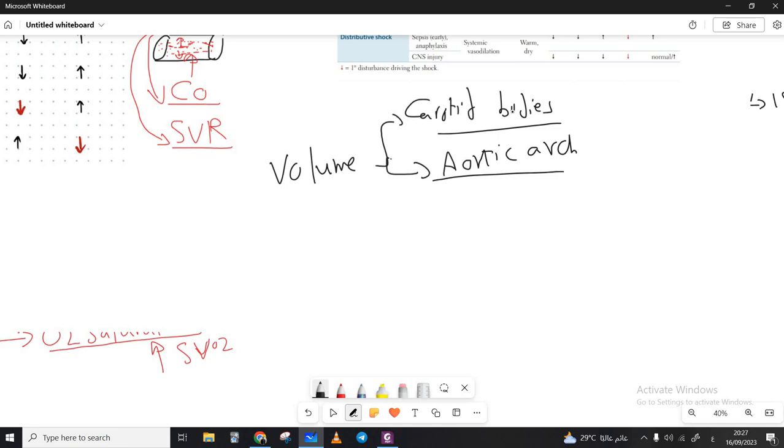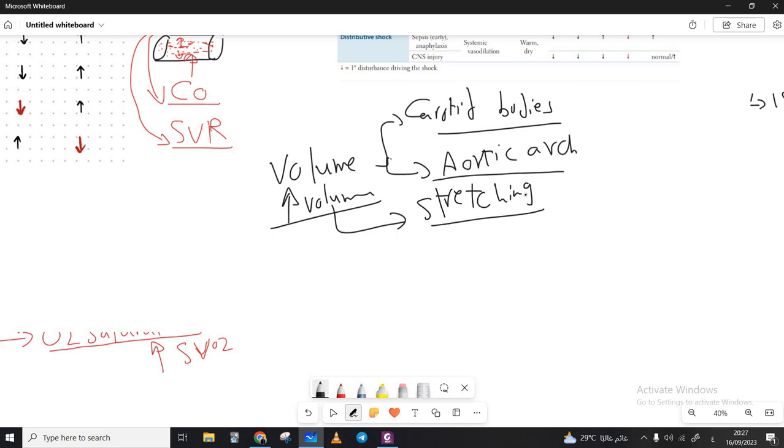So let's see what happens. When the carotid bodies see more volume, when you have a lot of blood volume, you stretch the aortic arch, for example, or you stretch the carotids. Stretching here means activating these receptors and making them work more.